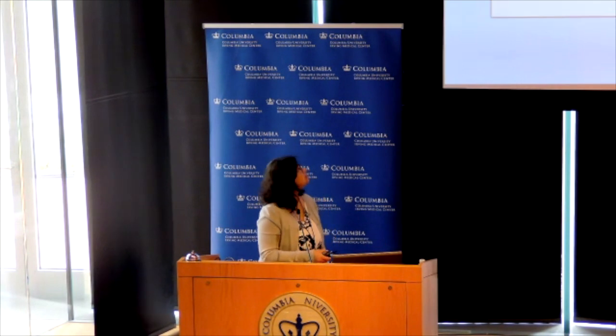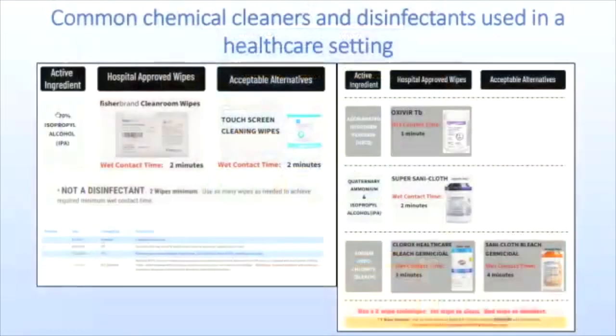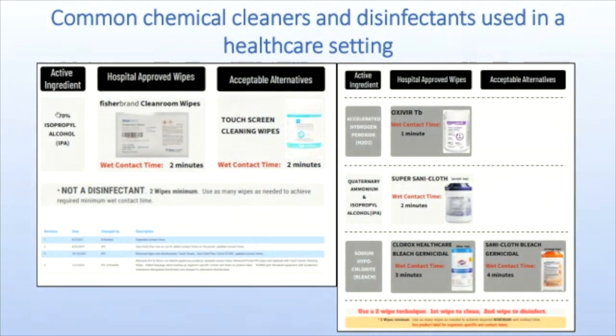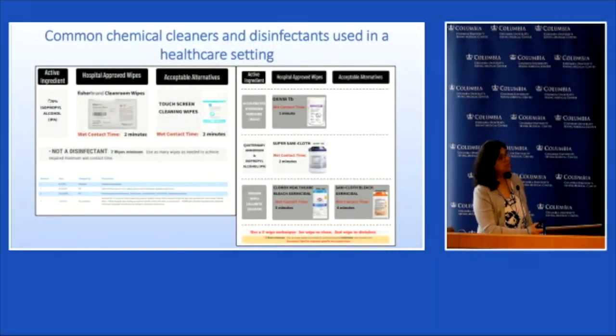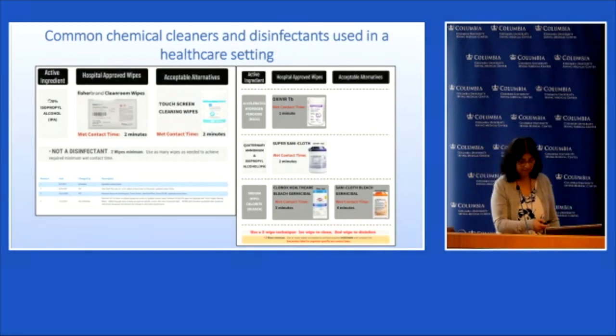Based on those policies, some of the common cleaners and disinfectants used within the hospital include 70% isopropyl alcohol, and disinfectants include hydrogen peroxide, quaternary ammonium, and the mixture of isopropyl alcohol as well as sodium hypochlorite, more commonly known as bleach. And the wait times for each of these chemicals vary from 1 minute to about 4 minutes.